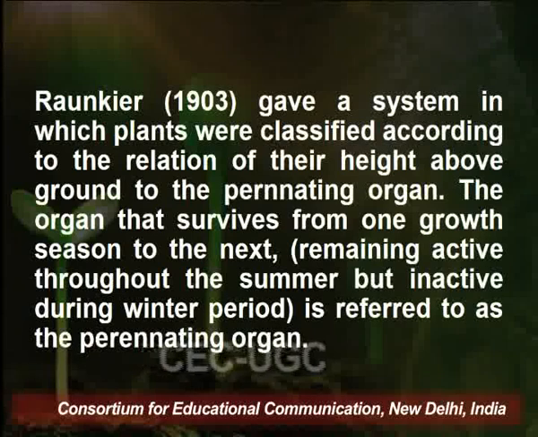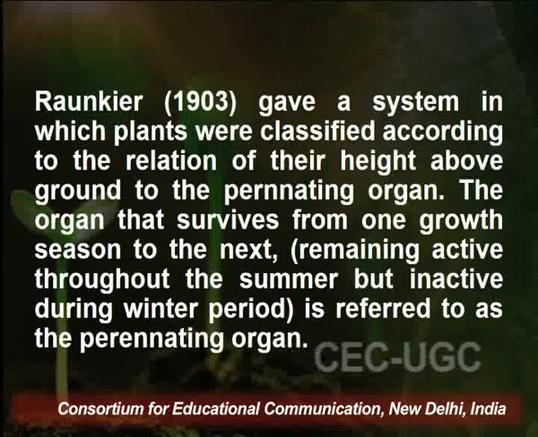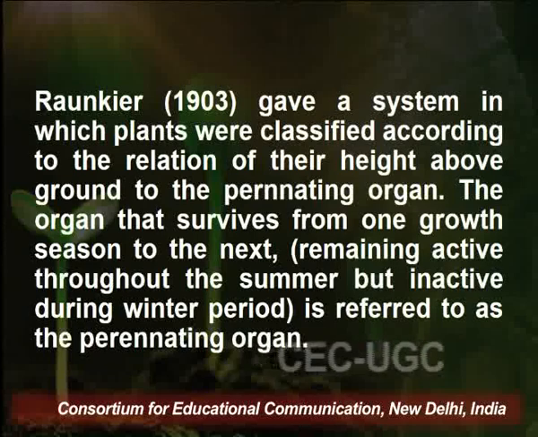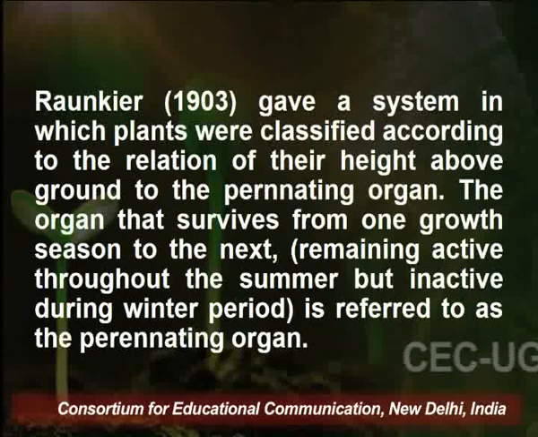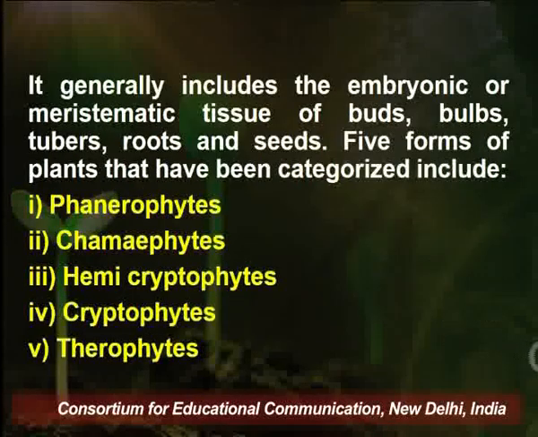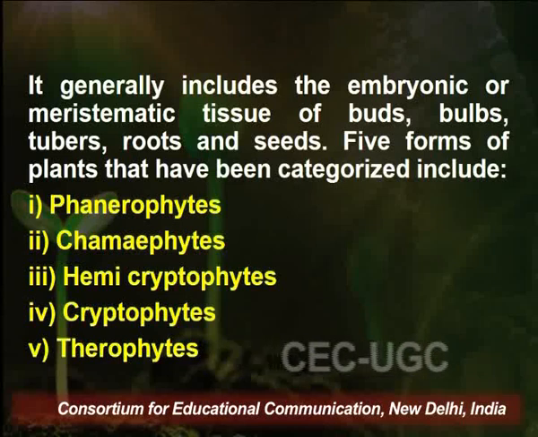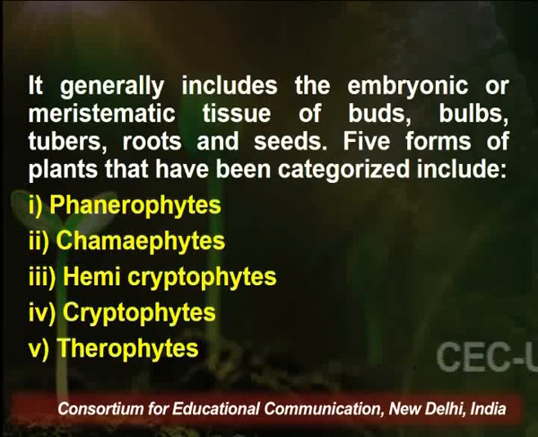Raunkiaer gave a system of classification of plants and he classified according to the relation of their height above the ground to the perennating organ. The organ that survives from one growth season to the next, remaining active throughout the summer but inactive during the winter period, was referred to as the perennating organ. It generally includes the embryonic or meristematic tissues of buds, bulbs, tubers, roots and seeds.